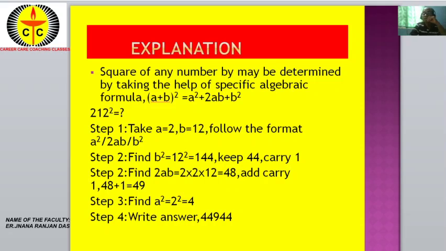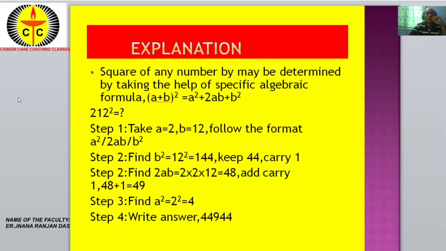Then first take the square of b, that is 12 square, that is 144. Keep 44, carry 1. Then find 2ab, that is 2 into 2 into 12, that is 48.